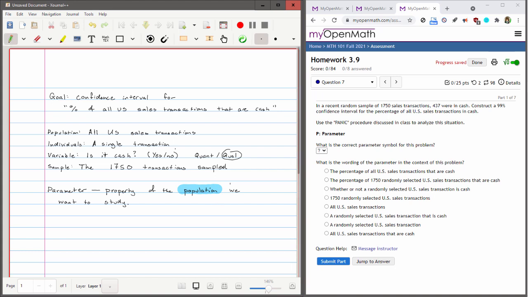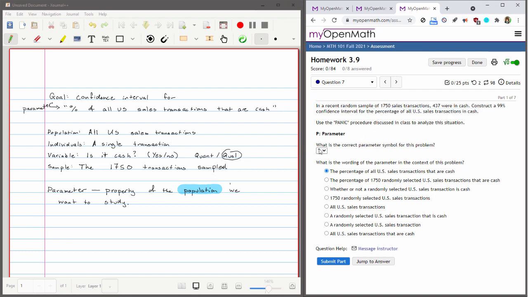In this case, it is the percent of all sales transactions that are in cash. The thing we want a confidence interval for, that's our parameter. The percentage of all U.S. sales transactions that are in cash is what we're trying to find. That's easy to see. It's told to us in the problem: construct a confidence interval for, and then they tell us the parameter. Whatever we're constructing the confidence interval for, that's a parameter.